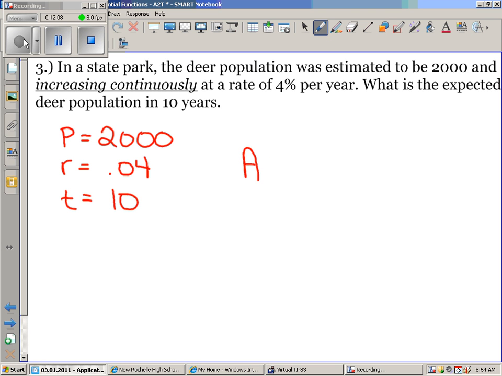So now, A is going to be equal to 2,000 times e raised to the 0.04 times 10.